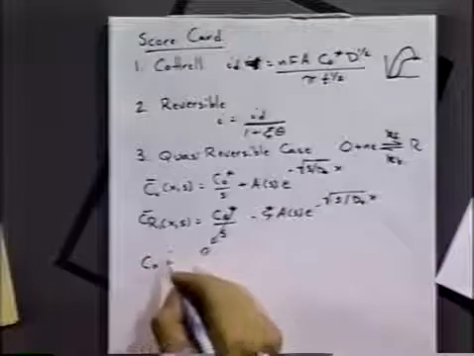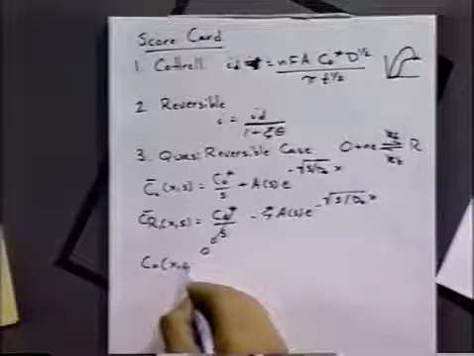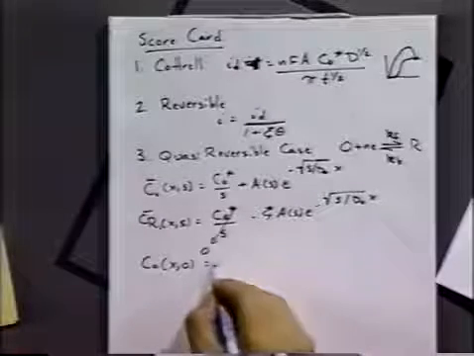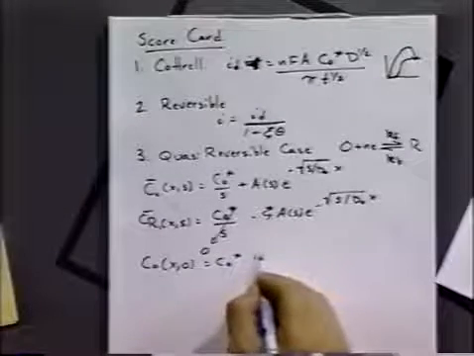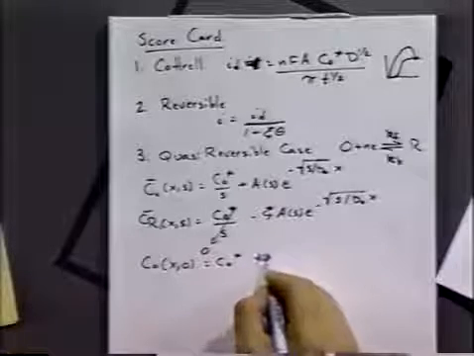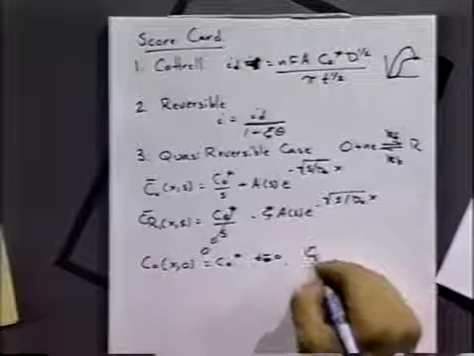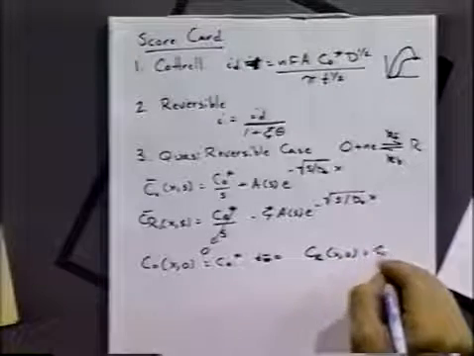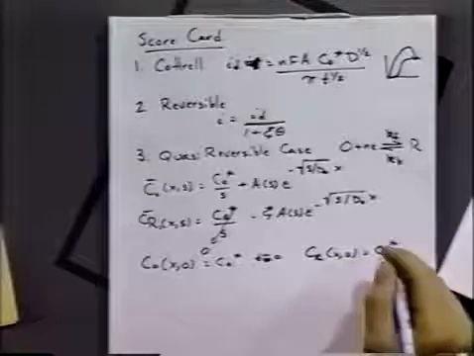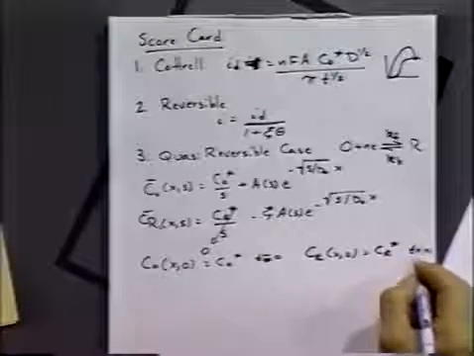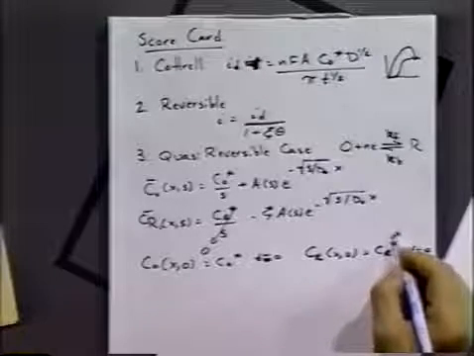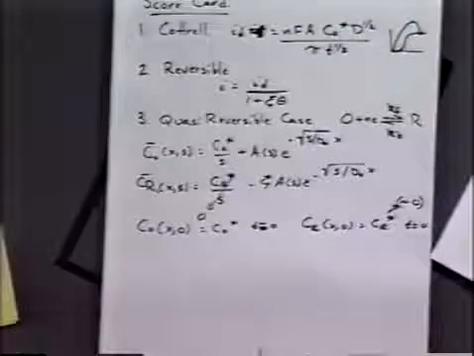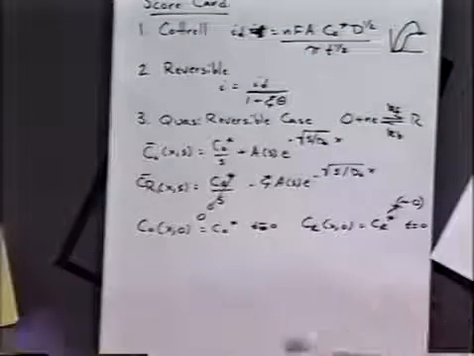Our boundary conditions: the concentration of O at the electrode surface for time equal to 0 is equal to the bulk, and the concentration of R at x equals 0 is equal to the bulk, usually approximately 0. It doesn't necessarily have to be exactly 0 to get basically the same result.